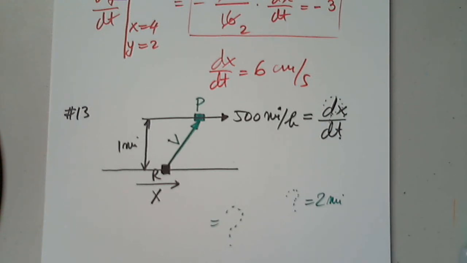Can you repeat the question again, please? Yes, of course. See how important it is to read the question several times? So a plane flying horizontally at an altitude of 1 mile passes directly over a radar station. Find the rate at which the distance from the plane to the station is increasing when the plane is 2 miles away from the station.